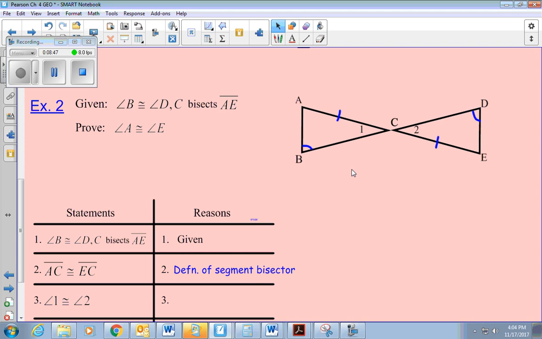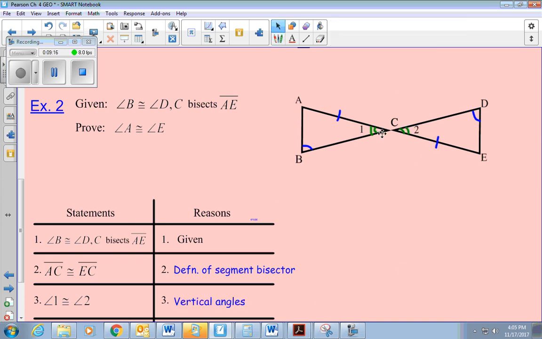All right. The next item that we're going to look at is angle 1 and angle 2. I love these little bow ties. Anytime you have this little bow tie shape, please know that you're going to be striving for vertical angles. So the reason we can say angle 1 is congruent to angle 2 is because they are vertical angles.